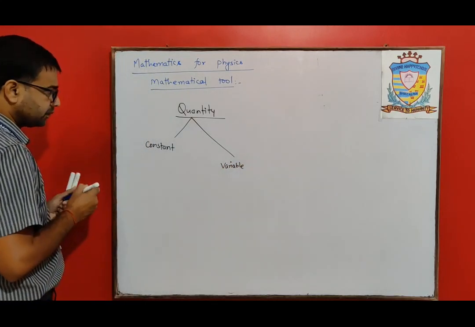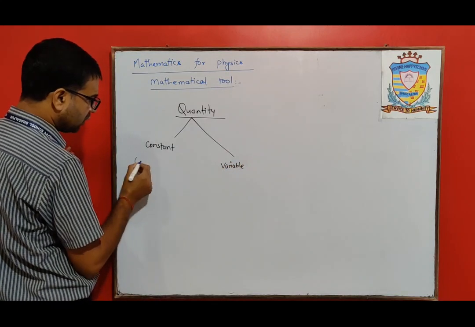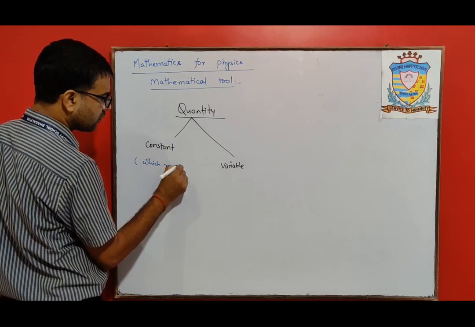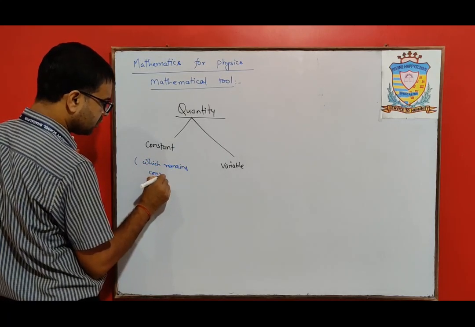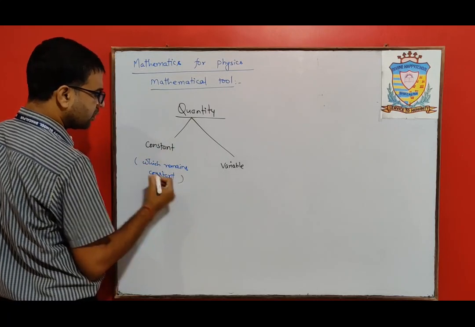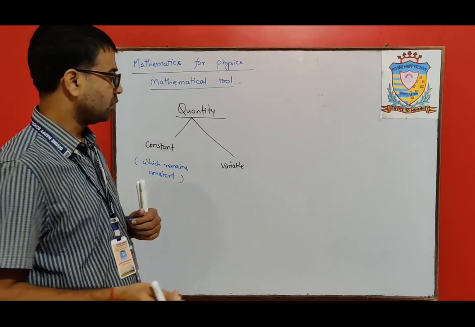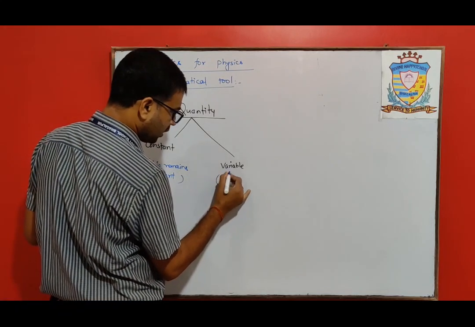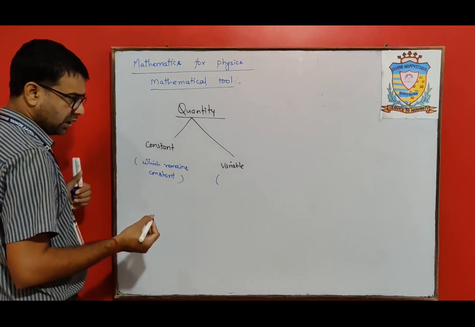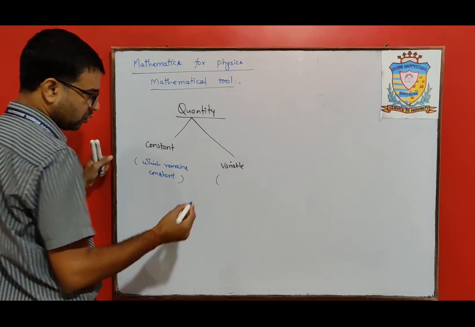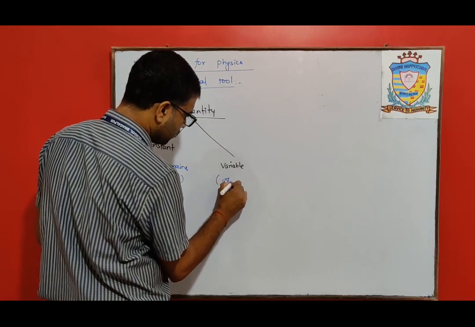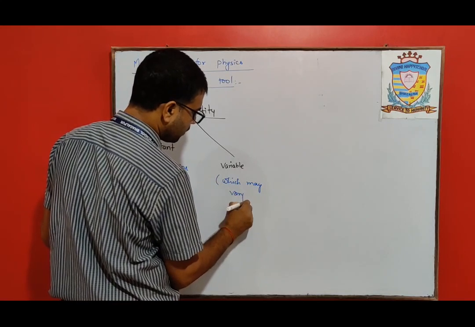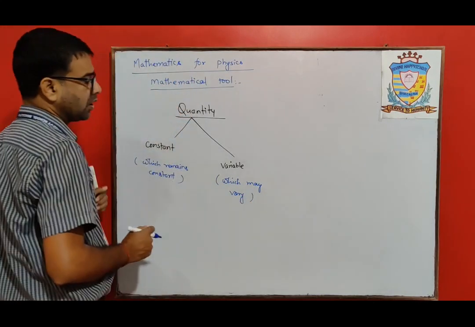A constant is one which remains constant throughout the expression, equation or any program, and a variable is one which may vary according to the requirement.